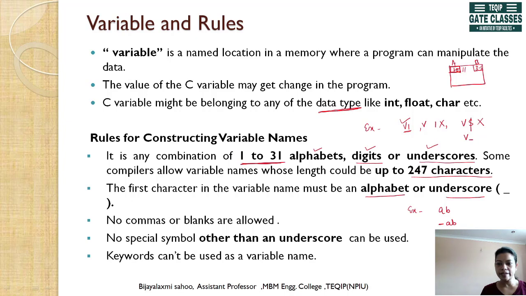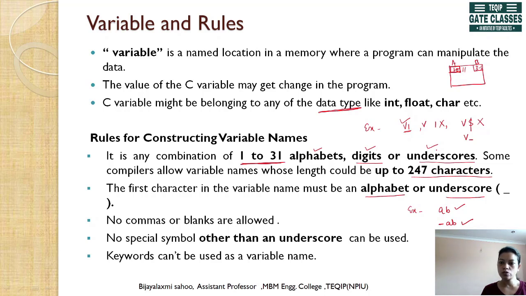But you cannot write 1A because it is restricted. The first character must be either an alphabet or an underscore. So this is right, this is right, this is right, this is wrong. You cannot use the first character as a digit. These are the restrictions you need to remember. The only special symbol allowed is underscore, and the first symbol should be either an alphabet or an underscore.